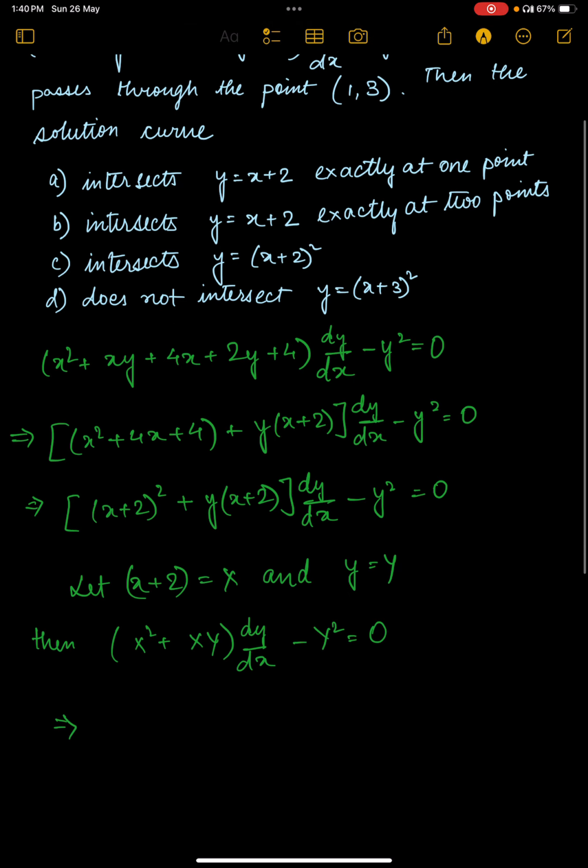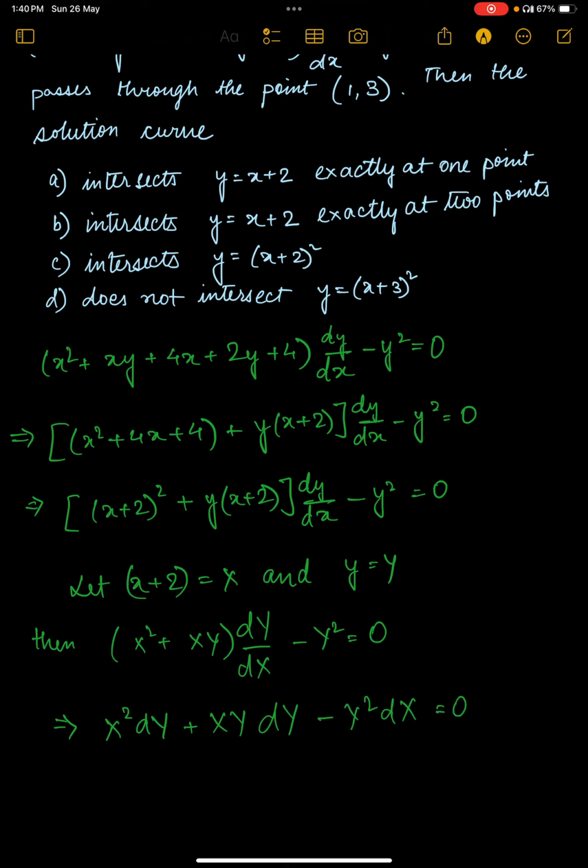Now I can rewrite this as X squared dY plus XY dY minus Y square dX is equal to 0. Now we have X squared dY plus Y into X dY minus Y dX is equal to 0.